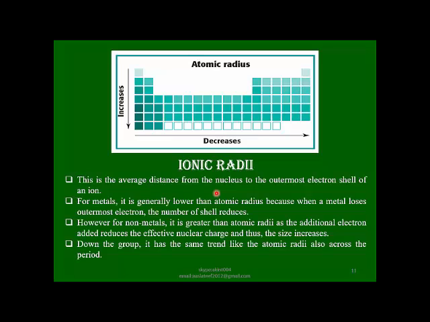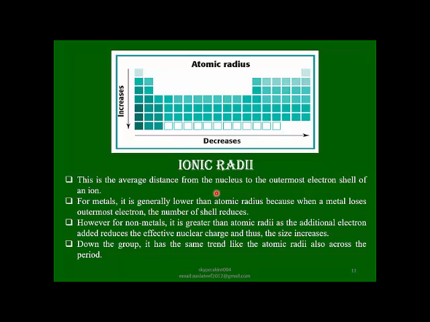But one thing is that we know that a metal loses electrons. So when a metal loses electrons, we expect the radius to be smaller than the ordinary, neutral metal. However, chlorine, when it gains electrons, the size increases.